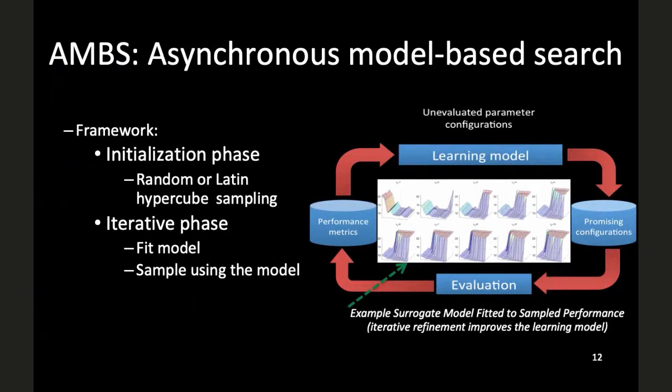This is asynchronous because some of them will finish earlier than others: if you build a much deeper network, it takes longer to train than a smaller network. This introduces asynchronicity, and they don't all finish at the same time. The algorithm is capable of handling this. As soon as an evaluation finishes, it takes the result back and generates another point to evaluate.